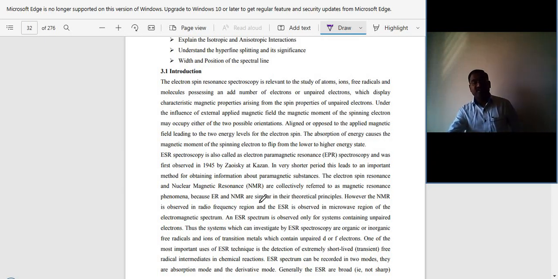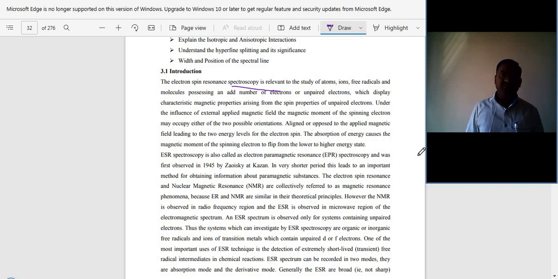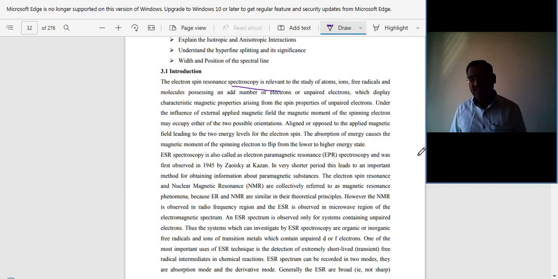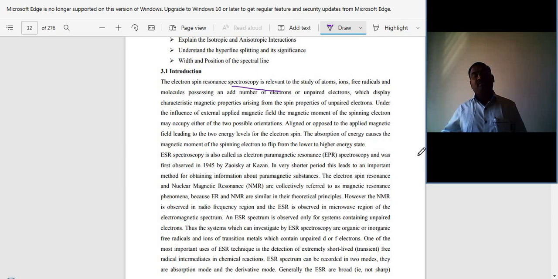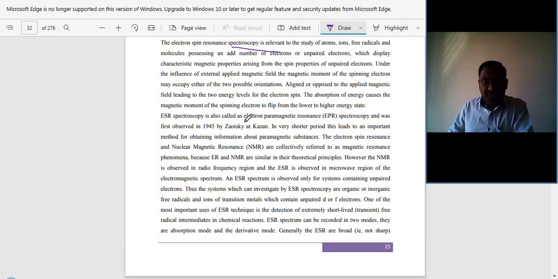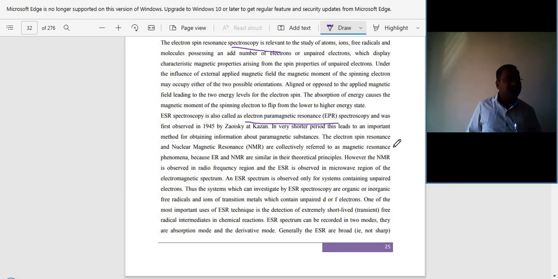In this unit, the introduction: electron spin resonance spectroscopy is relevant to the study of atoms, ions, free radicals and molecules possessing an odd number of electrons or unpaired electrons. ESR spectroscopy is also called electron magnetic resonance or electron paramagnetic resonance, EPR spectroscopy, and was first observed in 1945 by Zavoisky at Kazan.